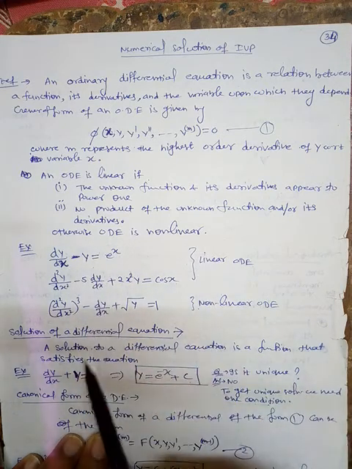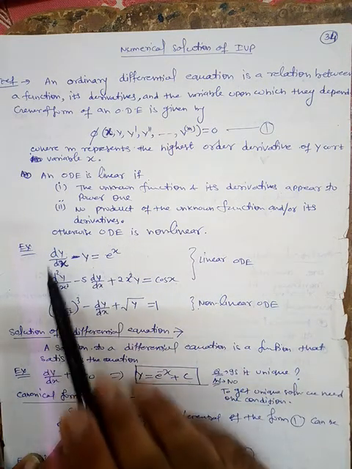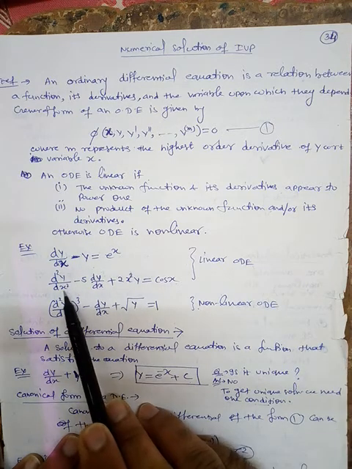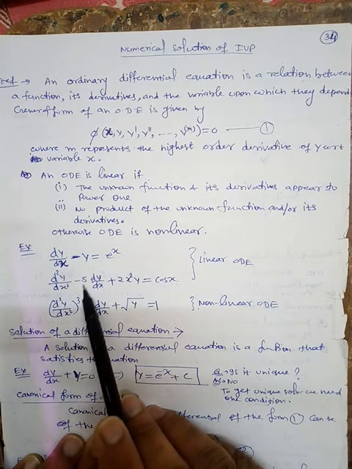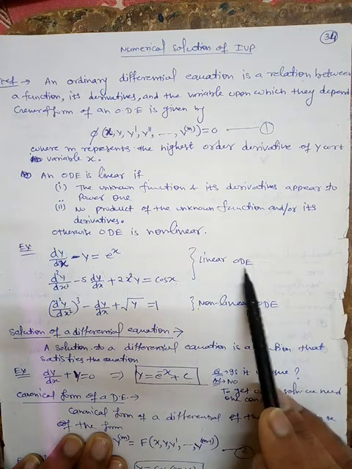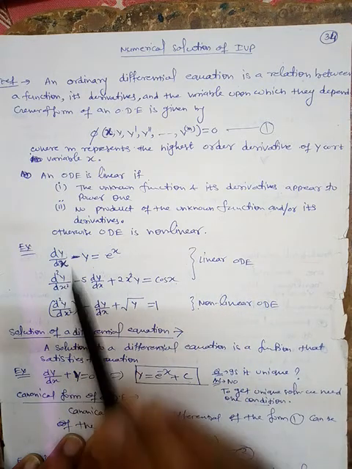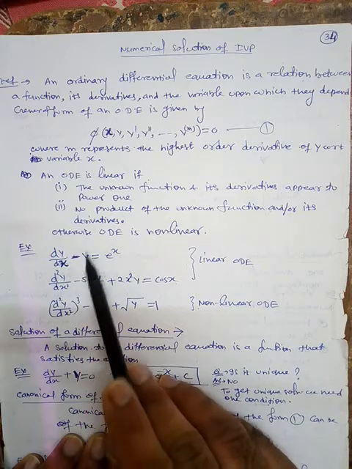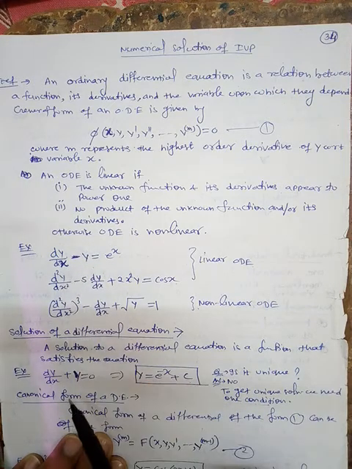So these are the examples. First example is this: dy by dx minus y is equal to e raised to the power x. Second example is this: d2y by dx2 minus 5 dy by dx plus 2x square y is equal to cos x. Both are linear because here the power of dy by dx is 1, the power of y is 1, and there is no product.